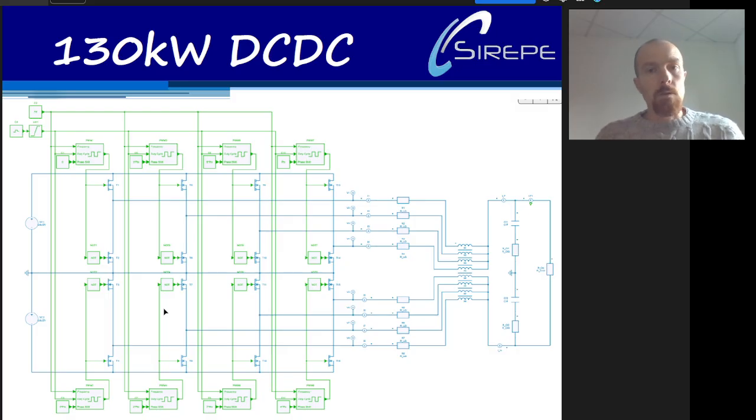There are a lot of components, so we have to put them in a logical way to be able to verify, to check faults and errors in the implementation of this converter. I've tried to do it as best as I can.